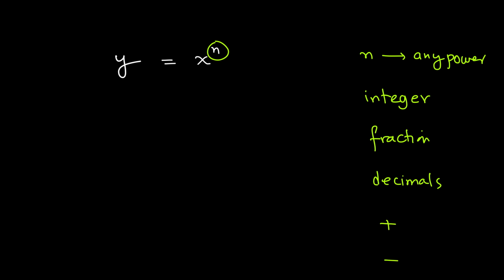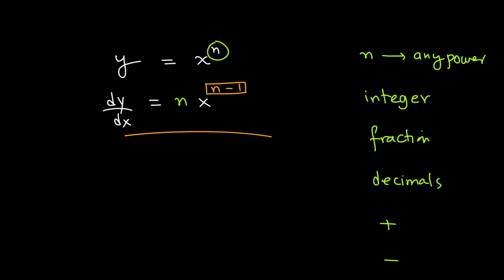So n could be any power. When we differentiate, dy by dx, what happens is that this power comes down, x remains as it is, and the power reduces by 1. That is the rule for differentiation.